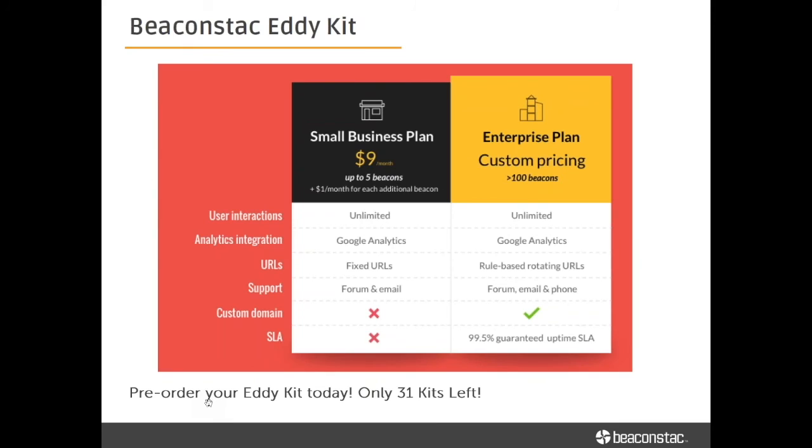With the Enterprise Plan, you're also going to get those unlimited user interactions, that Google Analytics integration. But for URLs, you will have the opportunity to use rule-based rotating URLs. And in addition to forum and email support, you'll get additional phone support because we realize that sometimes it's tough to roll out large-scale deployments on your own, and you need the support of a developer team.